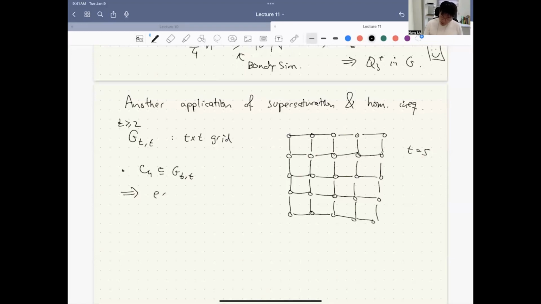Because of this, the extremal number of a larger graph can only be larger, meaning that for any T at least 2, the grid graph extremal number is at least the extremal number of C4, which we know is at least of order n to the 3/2. Now the natural question is, is this n to the 3/2 the correct power to guarantee a G_T for any bounded T?